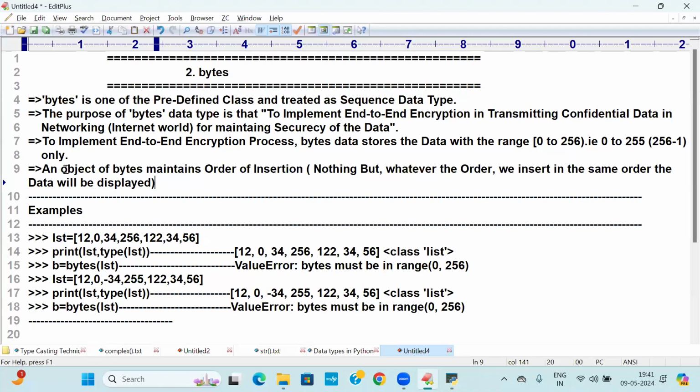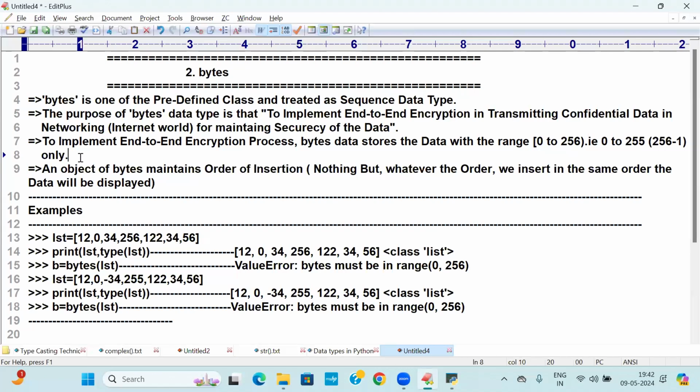You take our academic exam question paper. Will it maintain insertion order? Yes. Your question paper and my question paper are the same. Our BTech question paper, same or not? Yes. So some data types will maintain insertion order. Some data types will not maintain insertion order. I am explaining those things also for you.